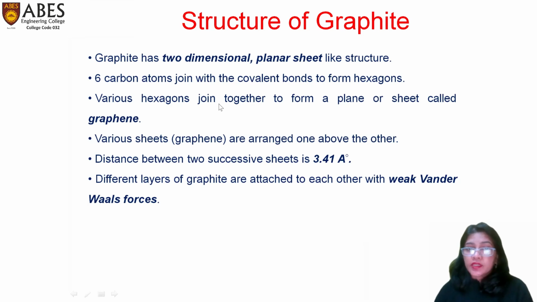The various hexagons are joined together and form a sheet-like structure, and this sheet-like structure is called graphene. Each graphene sheet is arranged one above the other, and the distance between two graphene sheets is 3.41 angstrom. These sheets are also attracted to each other by weak van der Waals forces of attraction.